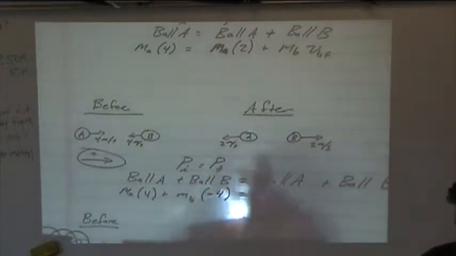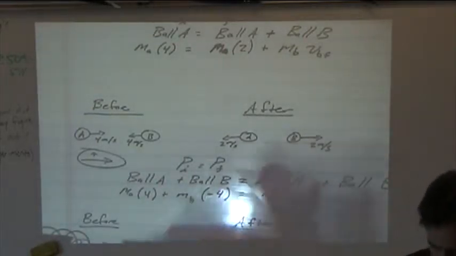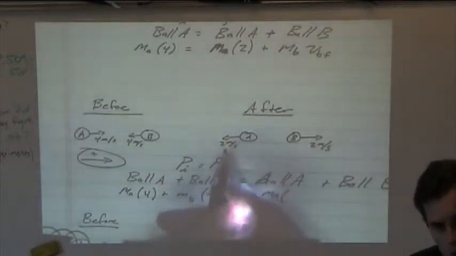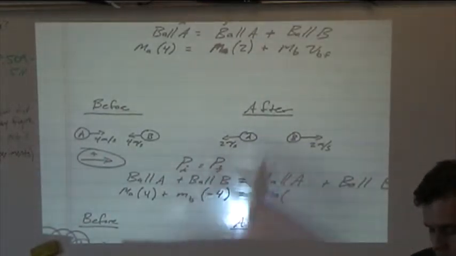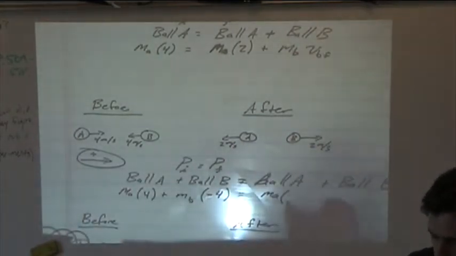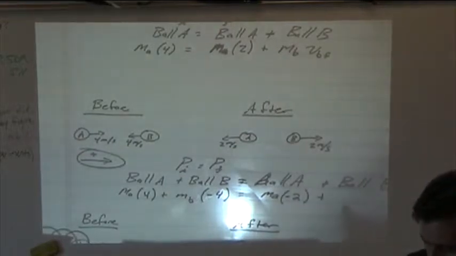Now look at this. We've got to stick with our frame of reference. So as we look at the diagram, you can see how important it is to have a diagram now to guide us. If we've established that right is positive, then this would be a negative 2, and then MB positive 2.